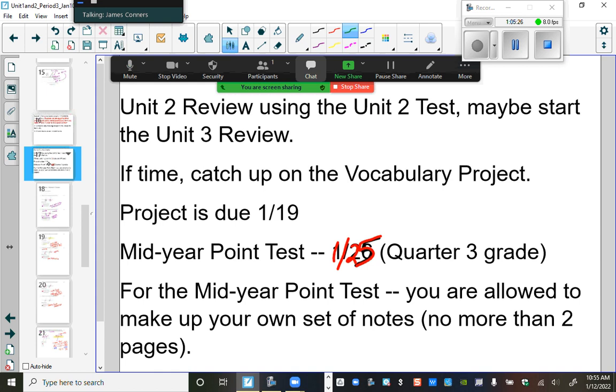Remember, project is a second quarter test grade. So you have about 15 minutes. If you have any questions about the project, these next 15 minutes are a very good time for you to ask. So that's what's going to be going on for the rest of this period.